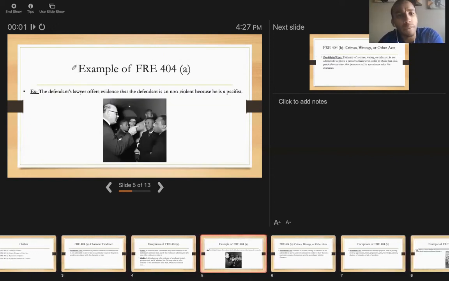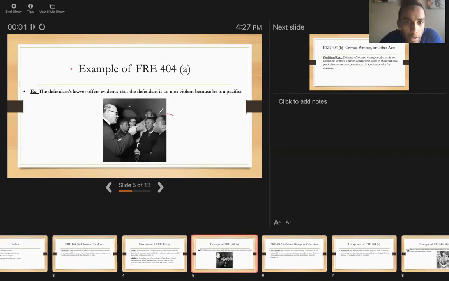So our next example is this right here. As you can see, this is Martin Luther King Jr. As we know, he advocated for most of his career for being nonviolent, for promoting peace and tranquility. Let's say he's getting into an argument, a big fight with this white man. The example that I'm trying to express to you is that the defendant's lawyer offers evidence that the defendant, MLK Jr., is a non-violent person because he's a pacifist.